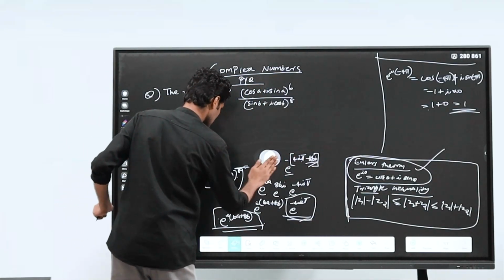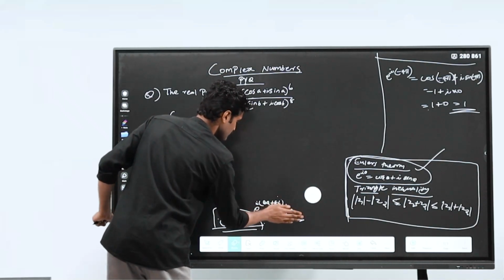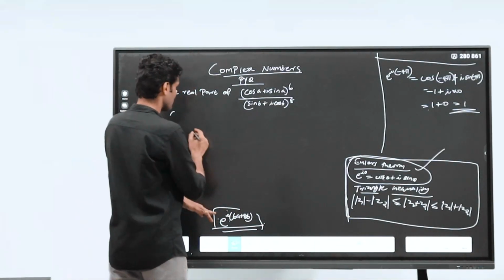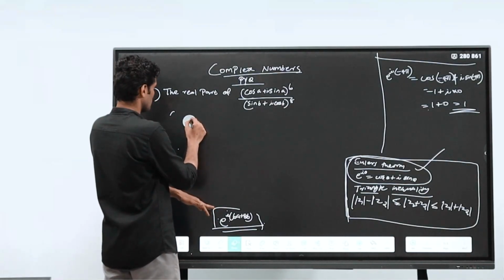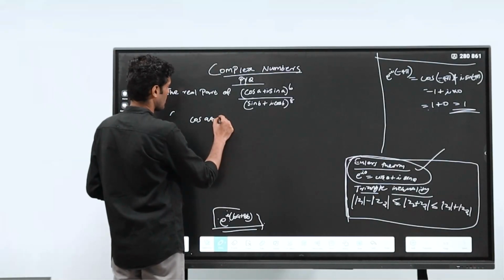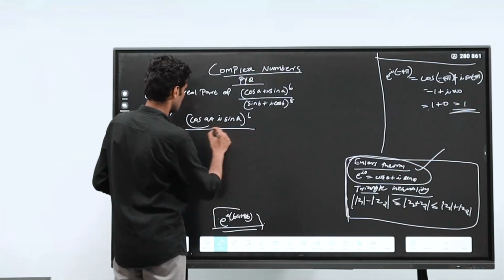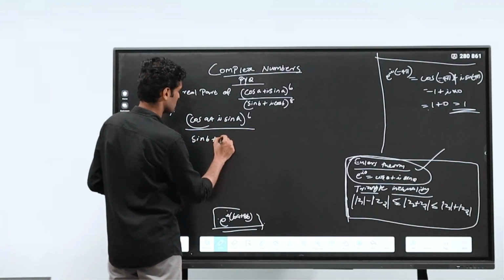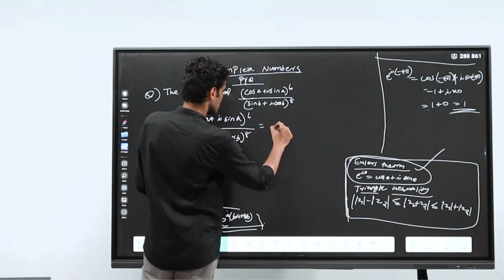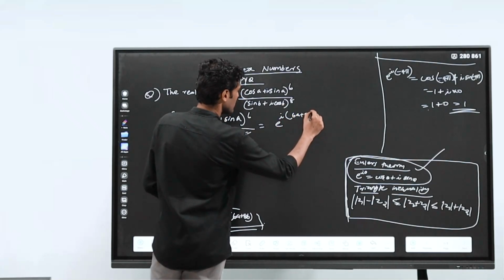By again using Euler's theorem, the given question, cos a plus i sin a whole raised to 6 divided by sin b plus i cos b whole raised to 8, we simplified as e raised to i 6a plus 8b.